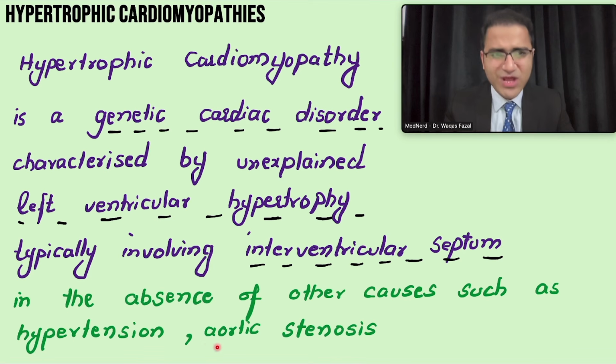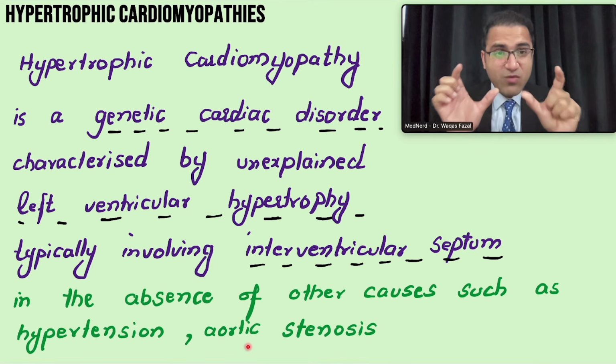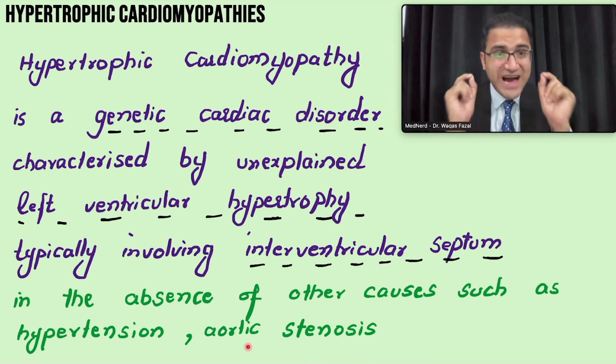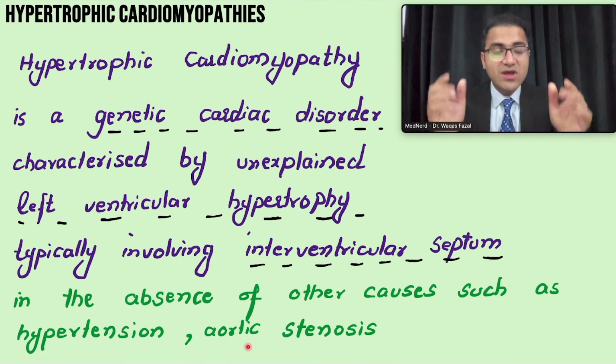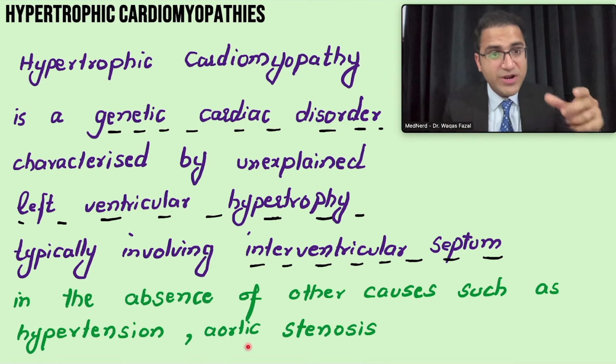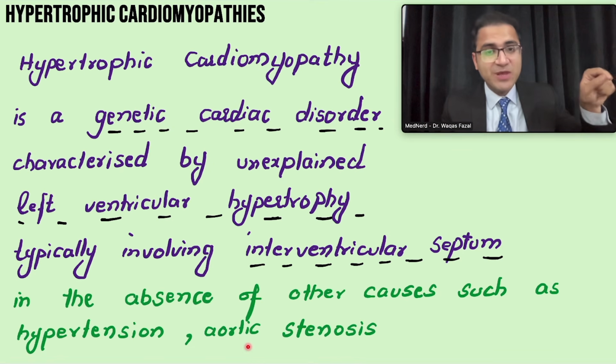The patient does not have hypertension or aortic stenosis, but still the patient's left ventricular walls are getting thick and bigger. That is hypertrophic cardiomyopathy. It is unexplained. It is idiopathic. Hypertension and aortic stenosis also cause left ventricular hypertrophy, but that is secondary.